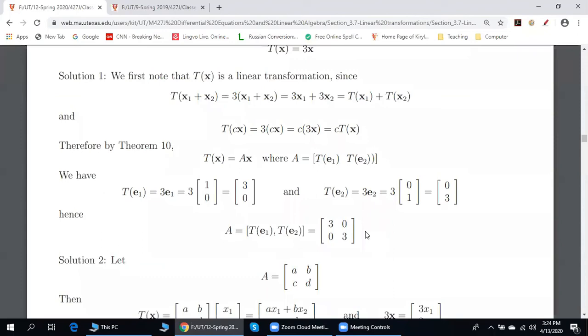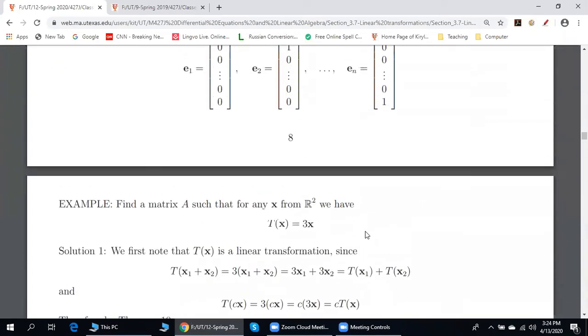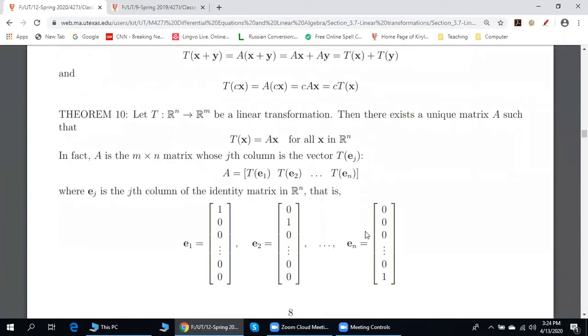Folks, any questions here? So each e column is like e with a subscript that denotes where the 1 is for that column, right? Like e1 has the 1 in the first row and all zeros elsewhere. And in matrix A, column number 1 is not e1, it's T of e1.